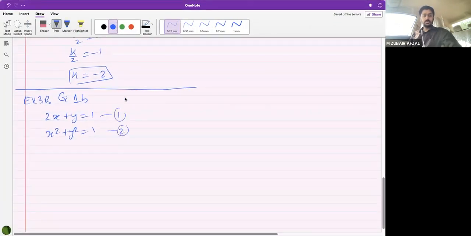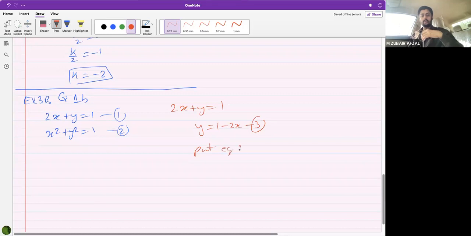Equation 1, equation 2. Choose any equation. 2x plus y equals 1. So y equals 1 minus 2x. This is equation 3. Put equation 3 in equation 2 because we made this from 1.